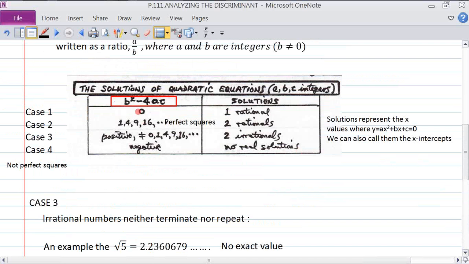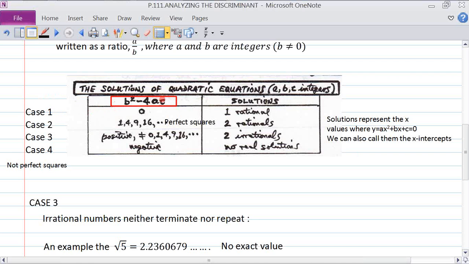So let's review the 4 categories. We're looking for the solutions to the quadratic equation. Solutions represent the x value where y equals ax squared plus bx plus c equals 0. What are the valid values for x?